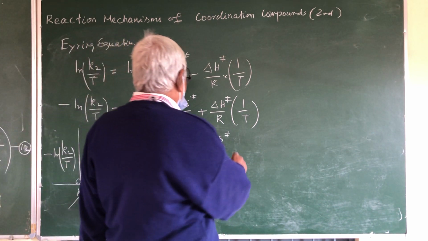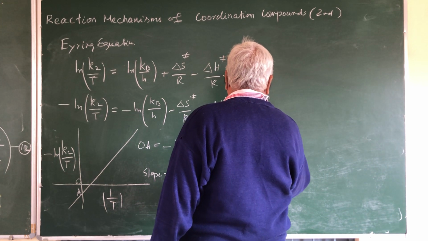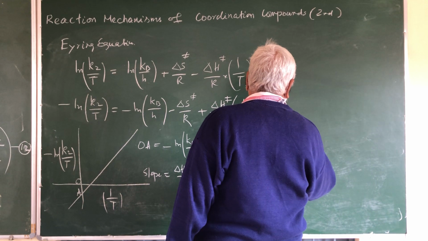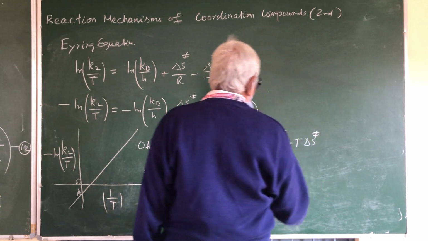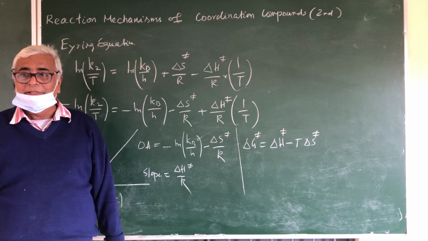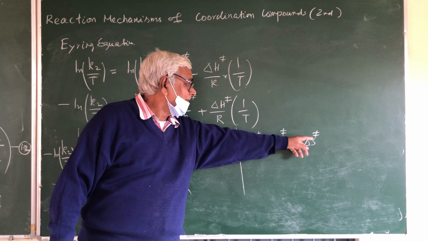So then what is activation free energy change? At 25 degrees you can also get the value of activation free energy change, if you know the value of delta H double dagger and delta S double dagger.